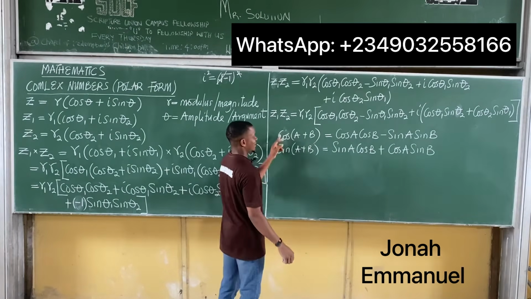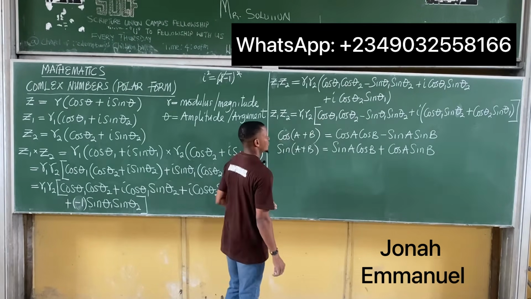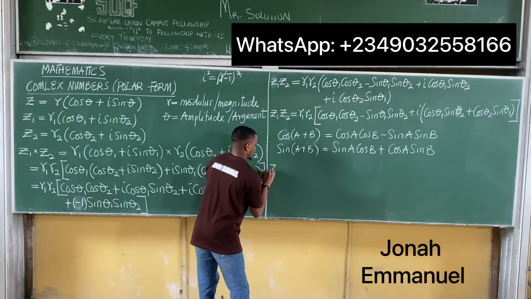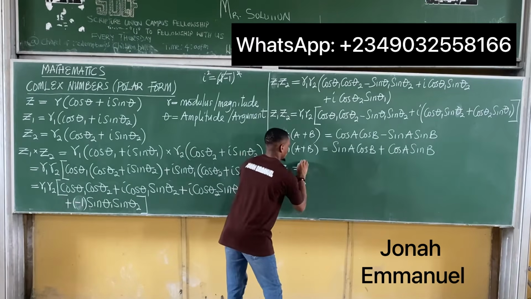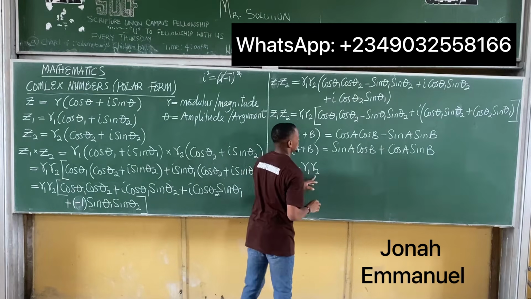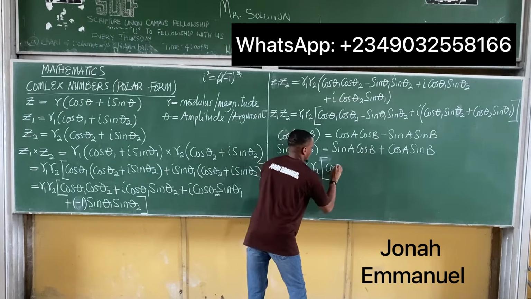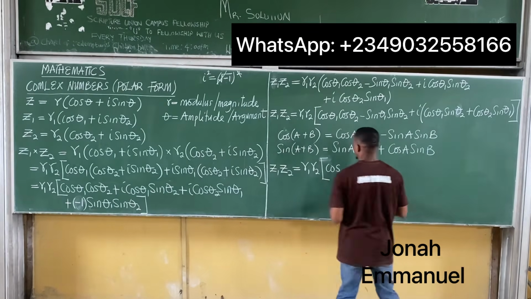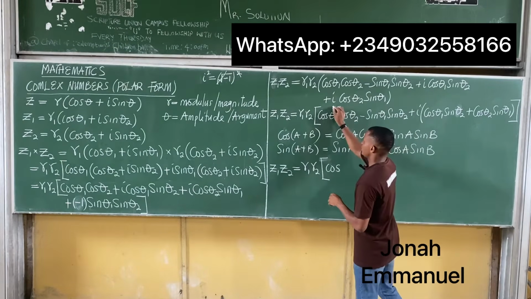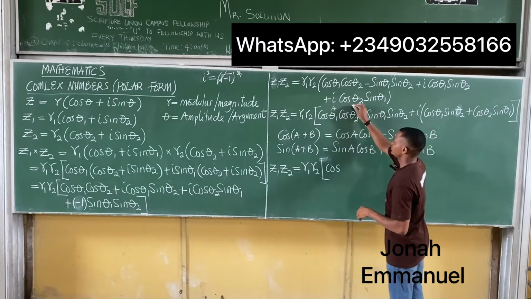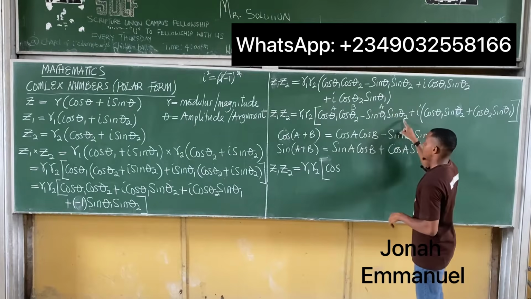So with these two ideas now, we can write this product in this form, such that I'll have that Z1 Z2 is equal to R1 R2 into I have cos. Now observe that if theta 1 was A, I'd have had cos A, theta 2 is B, I'd have had cos B minus, we said theta 1 should be A, so sine A, and then this would be sine B.